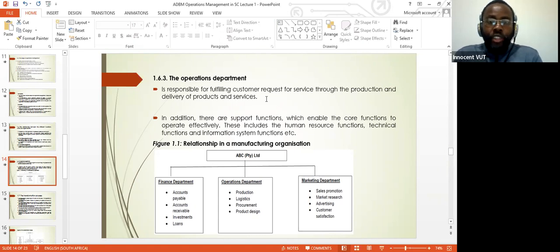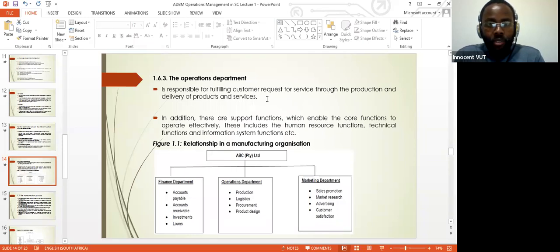In addition, there are support functions which enable the core functions to operate effectively. These include the human resource functions, the technical functions, and information systems functions, etc. These functions help the major three functions to operate.